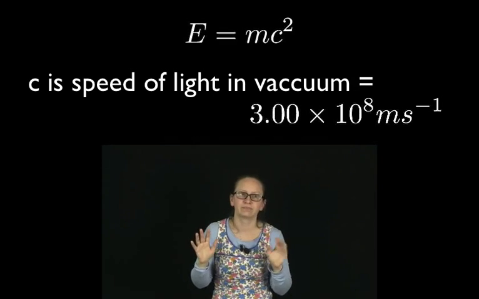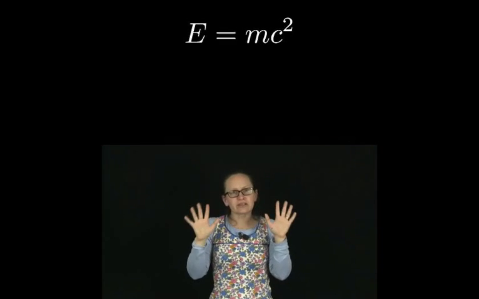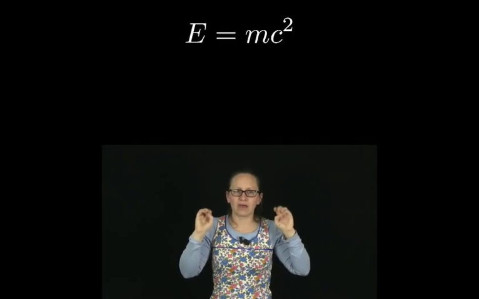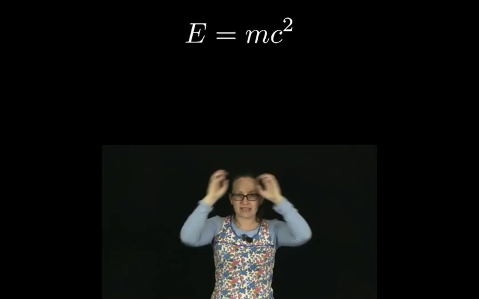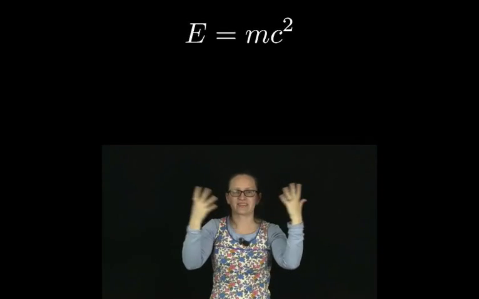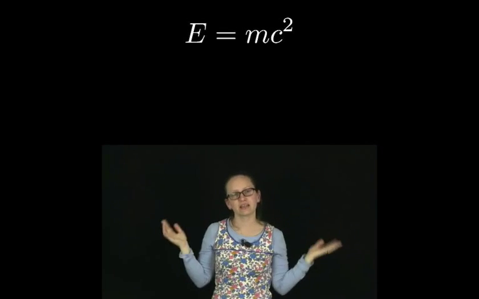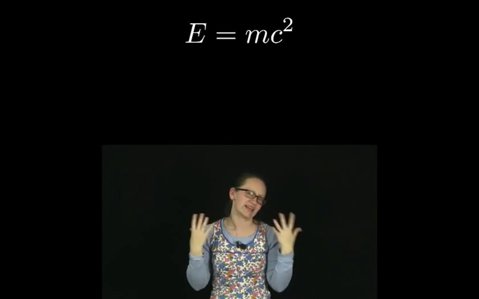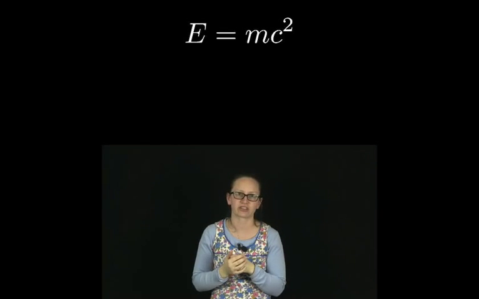So let's look at an example now where we can calculate the mass defect and use this to calculate the energy that is released in an example of a nuclear reaction. So the question is, a helium-4 nucleus (4,2 He) has 2 protons and 2 neutrons.